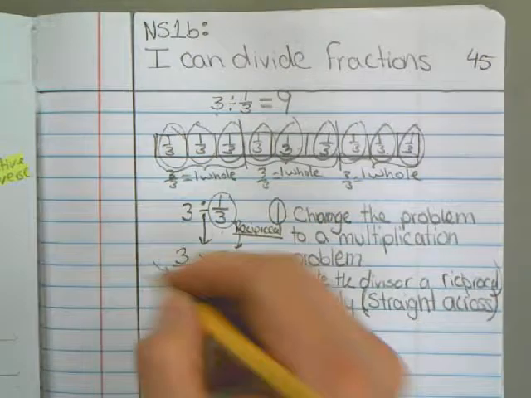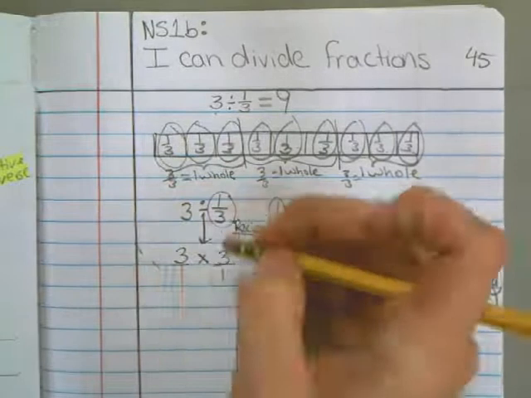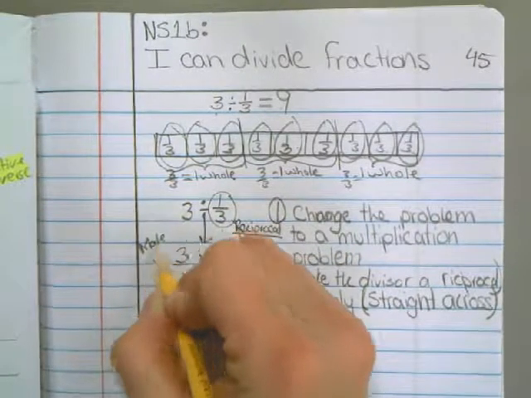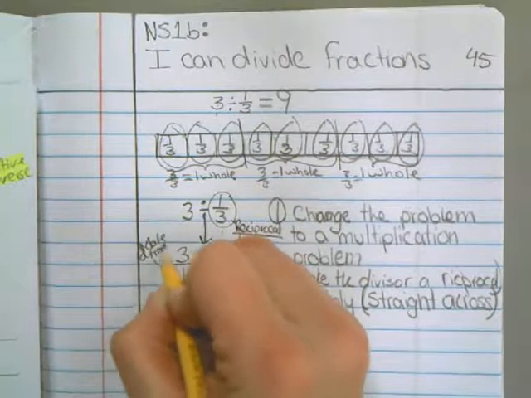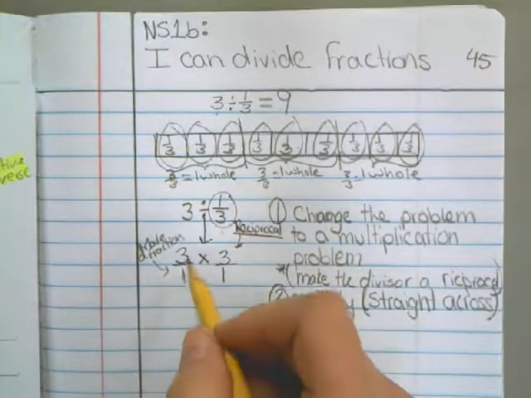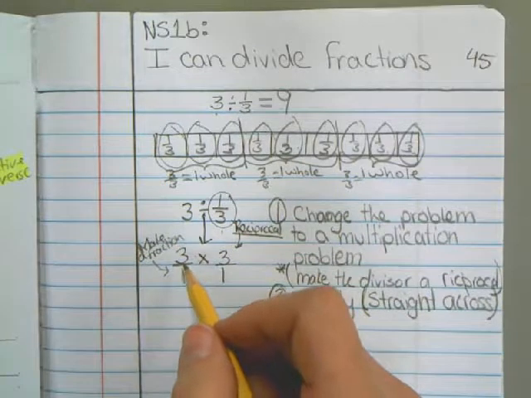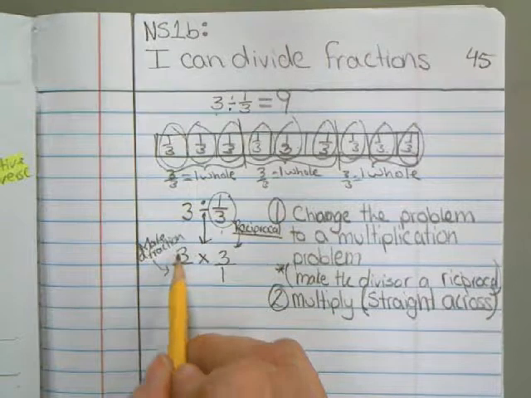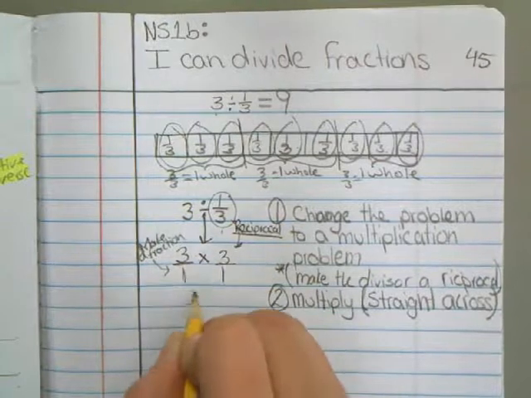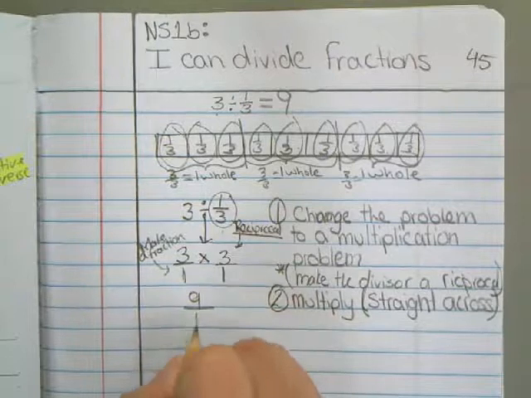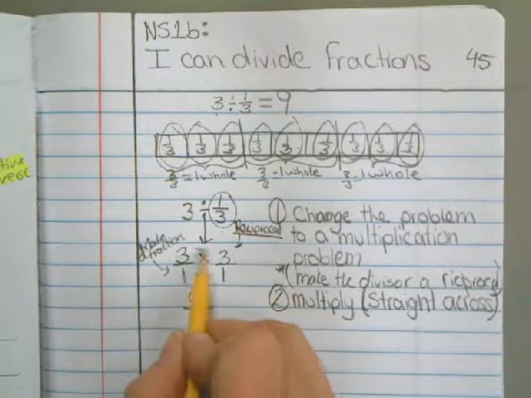Make that a fraction by putting a 1 on the bottom. Right, Jordan? Right? Okay. Then we multiply straight across. 3 times 3 is 9. 1 times 1 is 1. Multiply straight across. So that is 9.